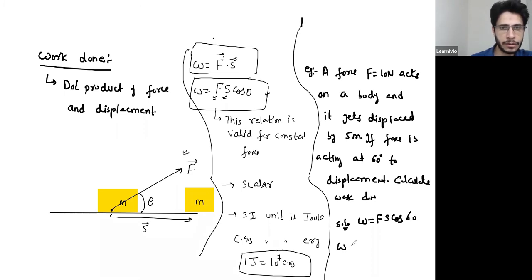Here F is 10, s is 5, and cos 60 is half. So we cancel this, and it comes out to be 25. So work done is 25 joules. So that's a simple problem. If a constant force is acting on the body, then this is simply 25.